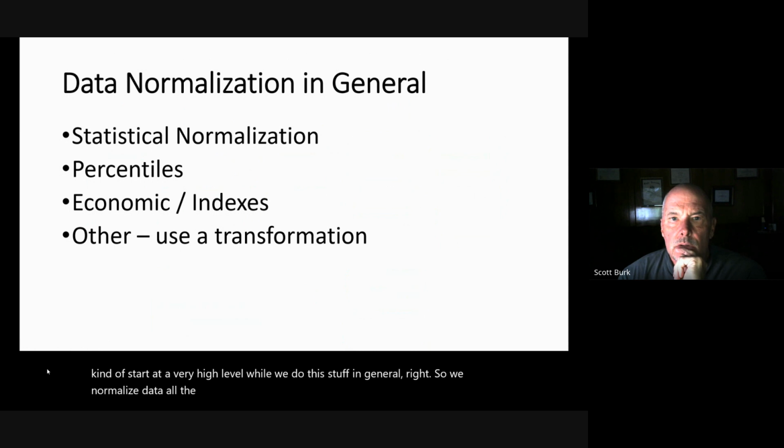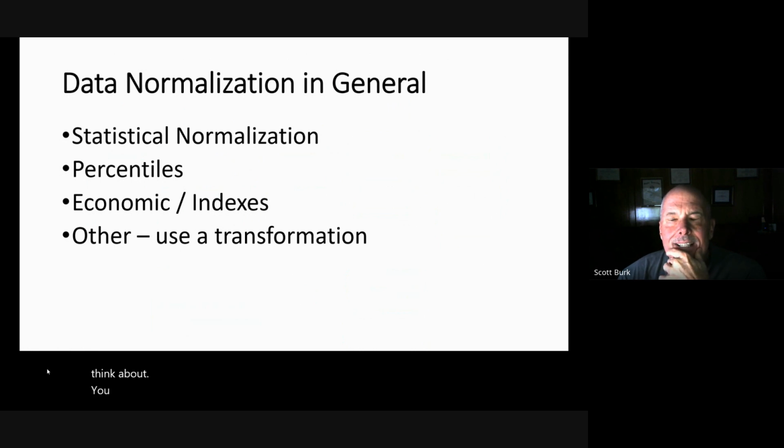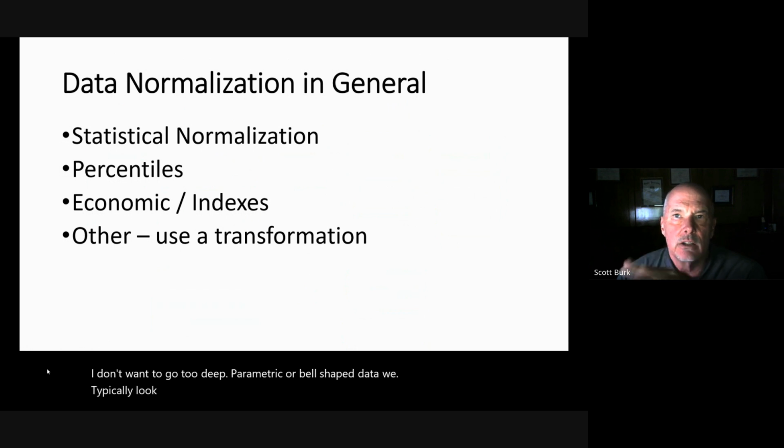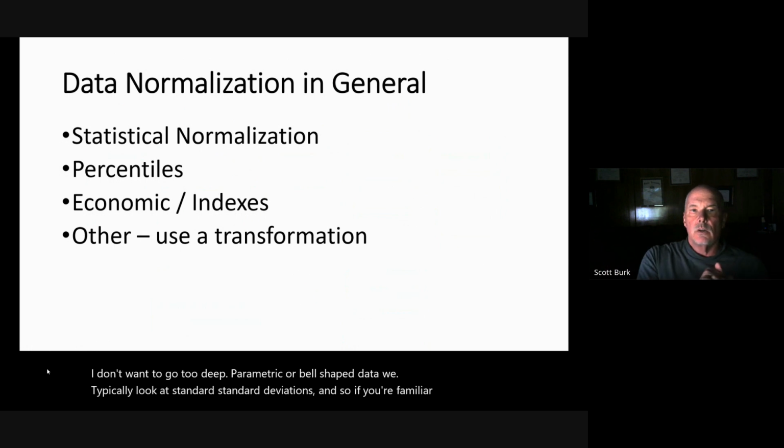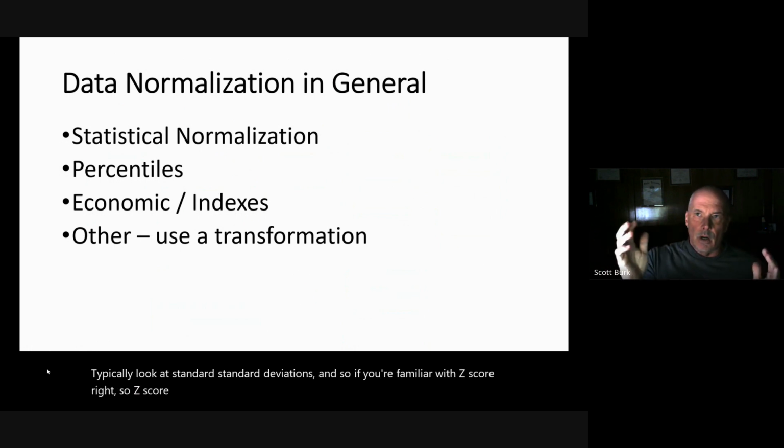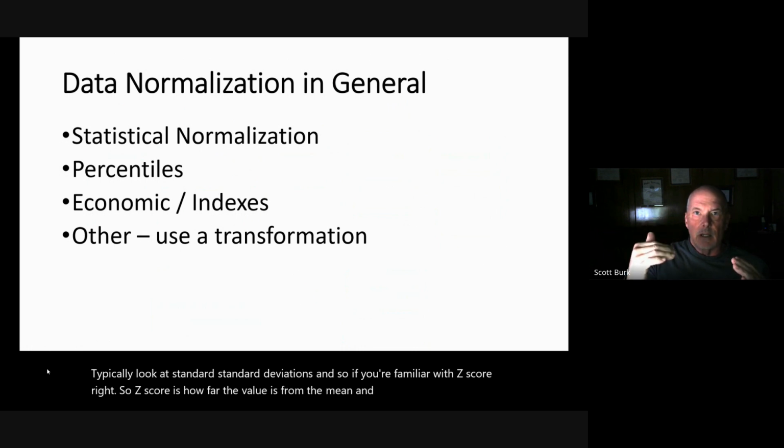We do statistical normalization. For example, when you think about parametric or bell-shaped data, we typically look at standard deviations. And if you're familiar with z-score, right? Z-score is how far a value is from the mean, divided by the standard deviation.